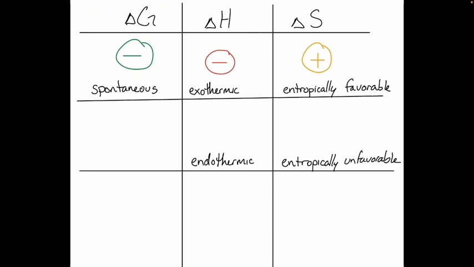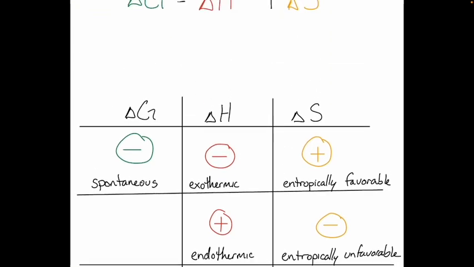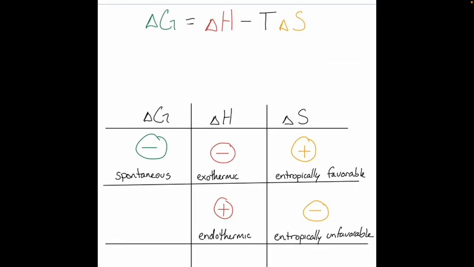Okay, well, an endothermic reaction would have a positive enthalpy, right? And being entropically unfavorable means a negative entropy. All right, so again, let's go back to our equation here and plug this in. If I have a positive value for an enthalpy, and then negative T times a negative value, what's a negative times a negative?